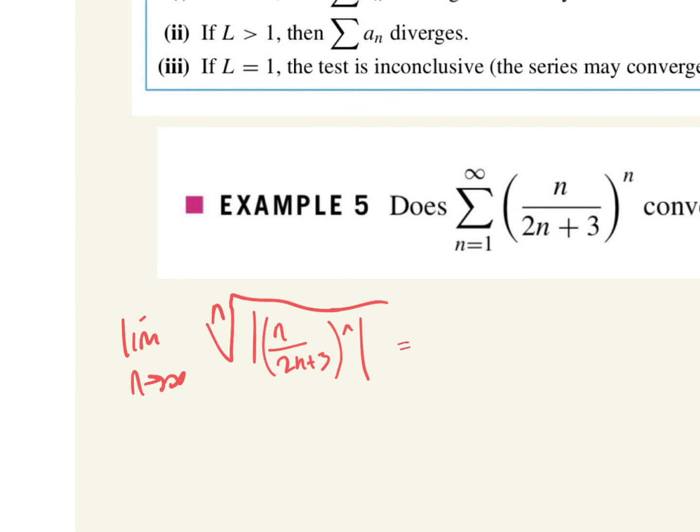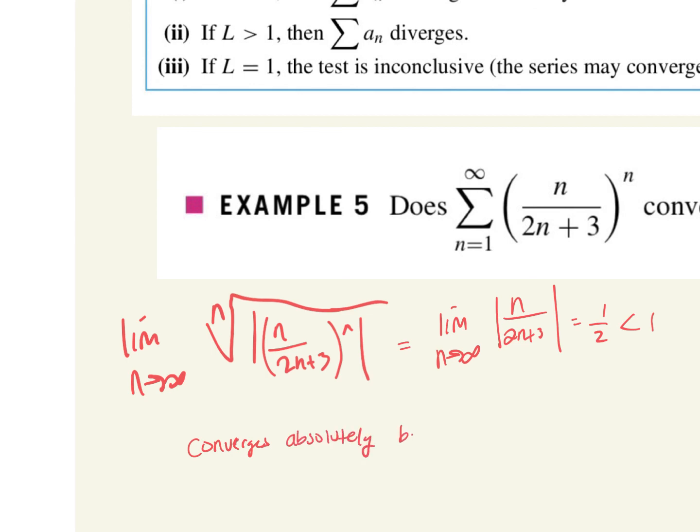That's the point of it. We still have our absolute value. And in this case, our degrees are the same, so this would equal a half, which is less than 1, which implies convergence, absolute convergence, by the root test.